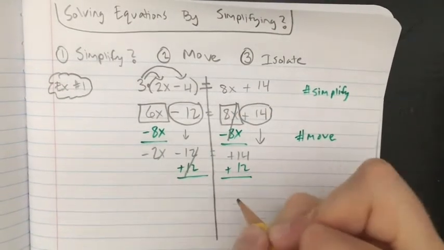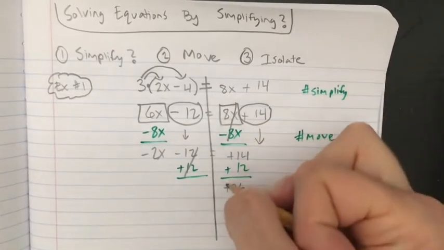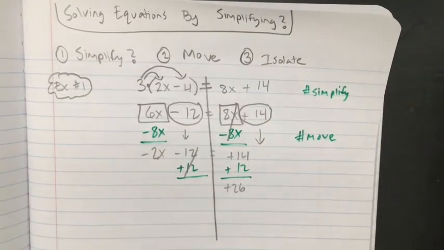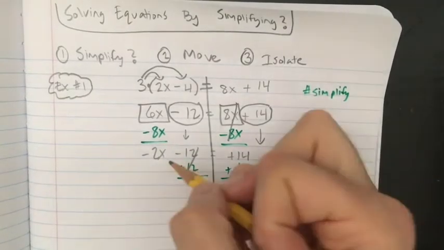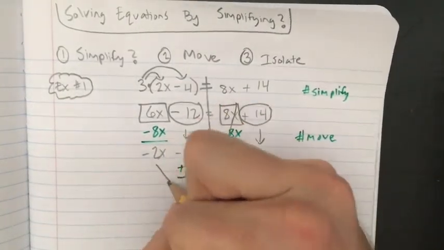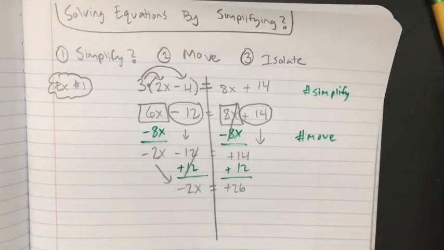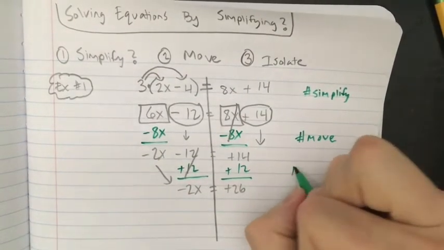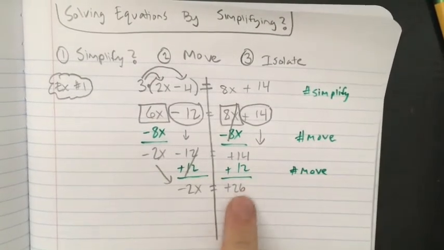Positive 14 plus positive 12 makes a positive 26. Notice I'm just keeping that plus sign from the beginning all the way down just so I remember this is a positive 26. And then on the left side, I'm just going to bring that negative 2x down. Okay? So again, all I did there was I moved the numbers to the right side.